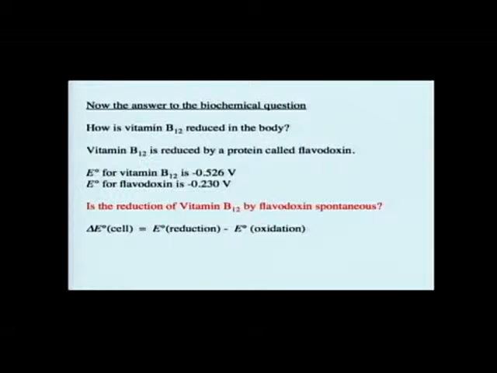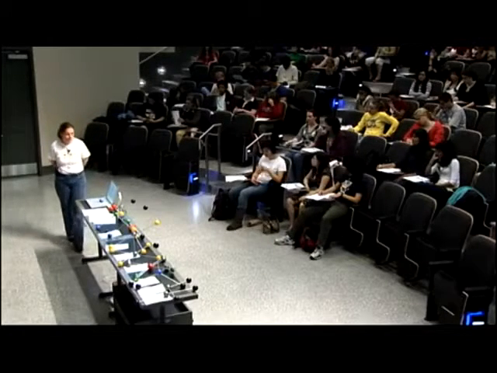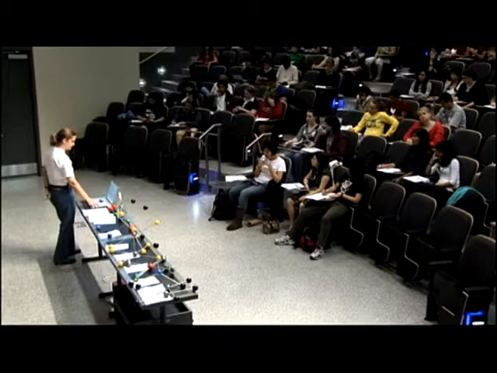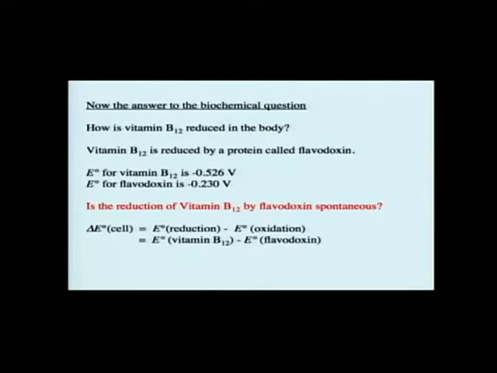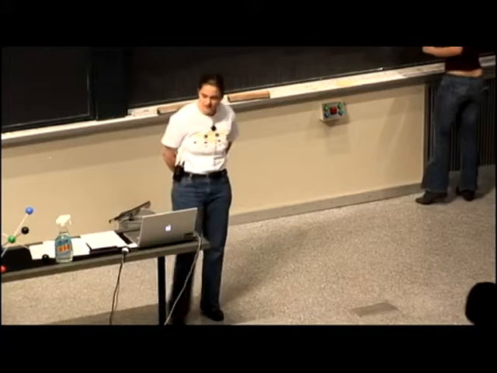And we talked about the E naught for reduction minus the E naught for oxidation. And we can use that same equation, so we can put it in the biological context. The vitamin B12 is the thing that's being reduced, and the flavodoxin is the thing that's being oxidized. That's the reaction that happens. So we can plug those values in.